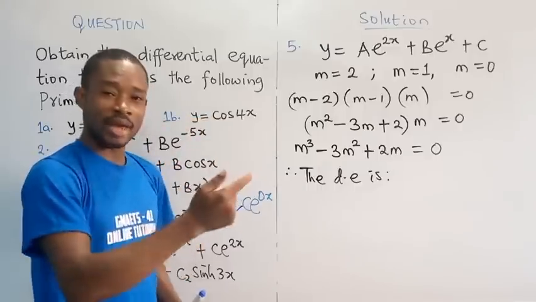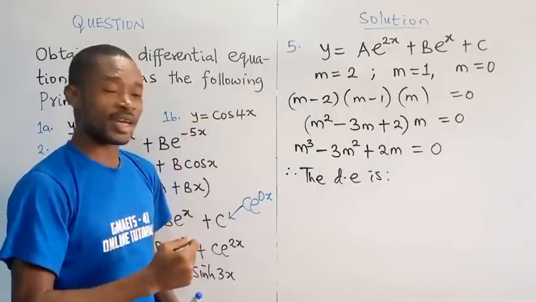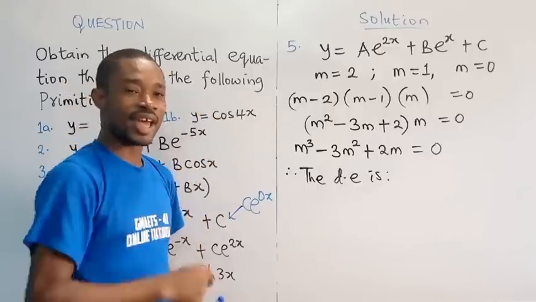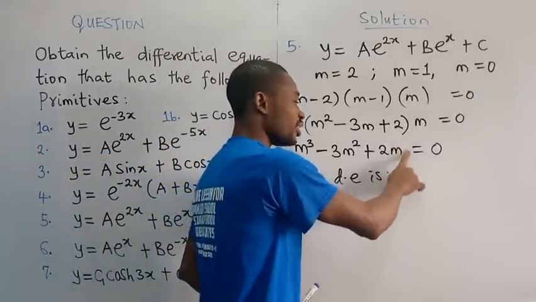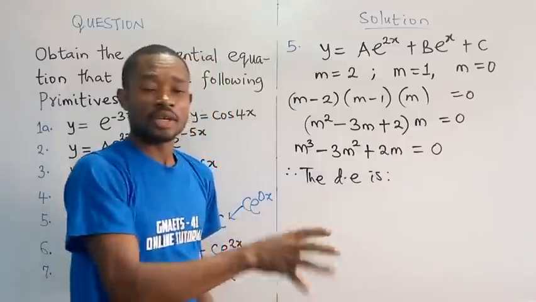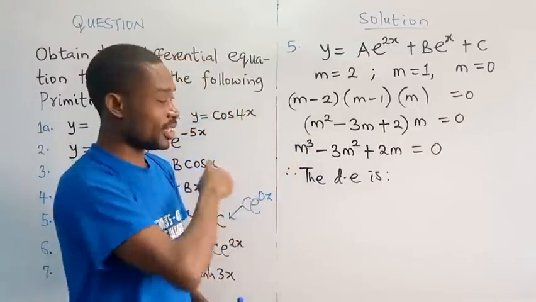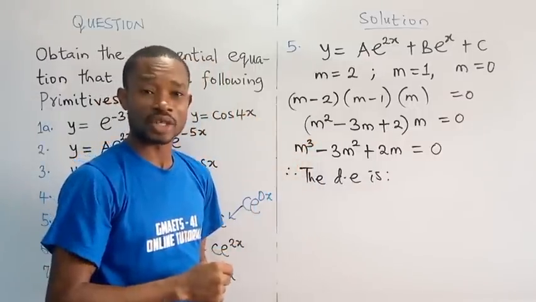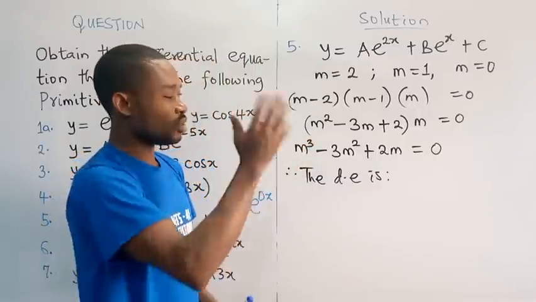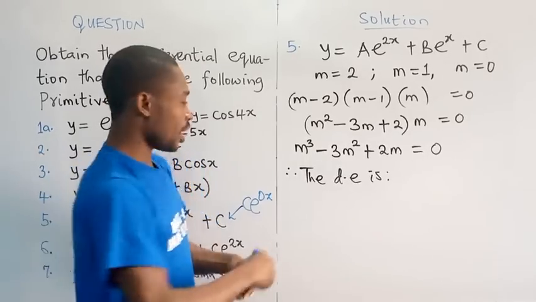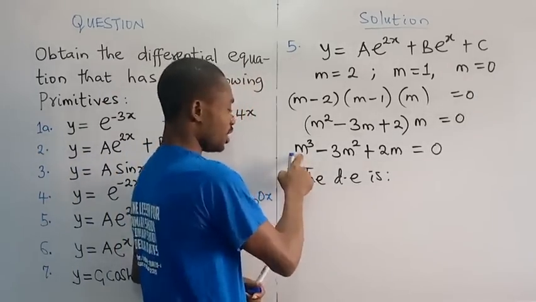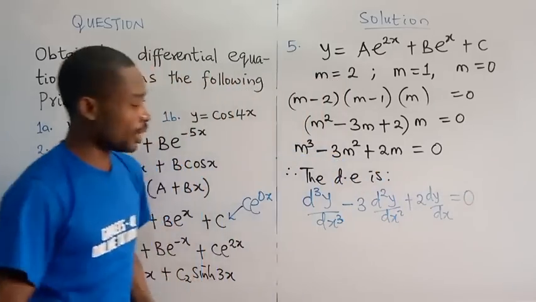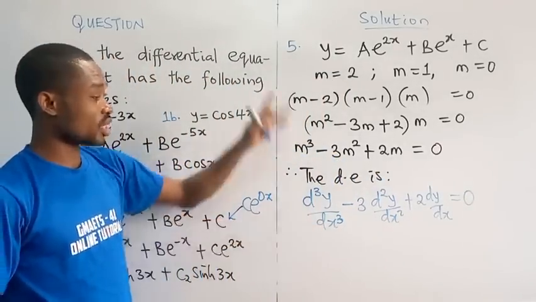And then plus 2n, which is going to represent 2 times dy dx. There is no pure constant here, no number without n. It means that the y part does not exist in this differential equation. Are you following, right? So once you do that, you equate towards 0. So follow along and you see what I'm talking about. This is, right, so that's the differential equation that has a primitive.